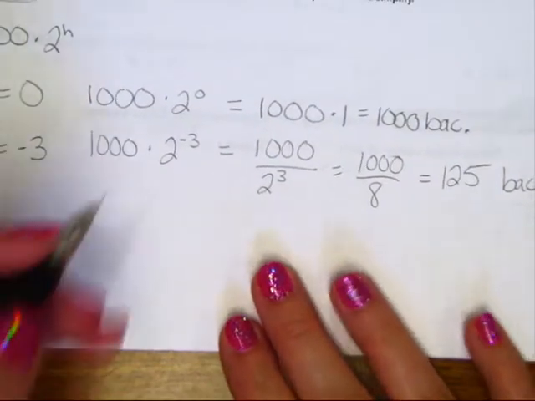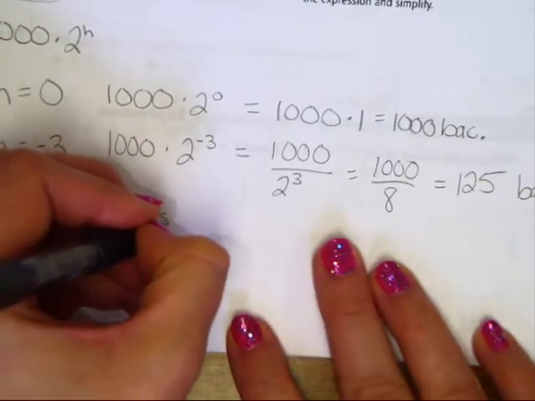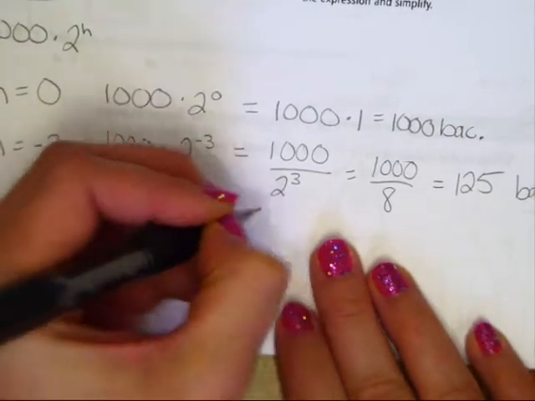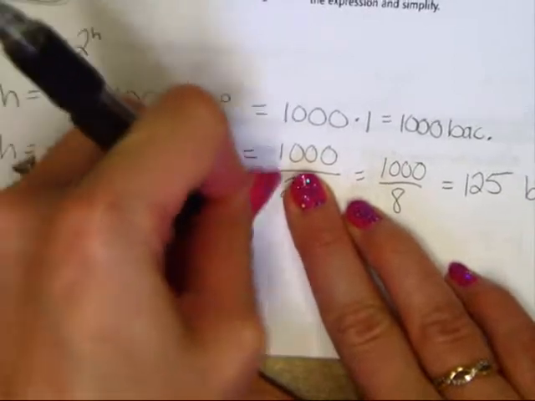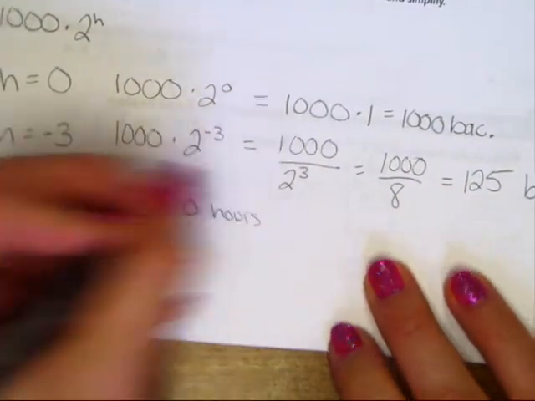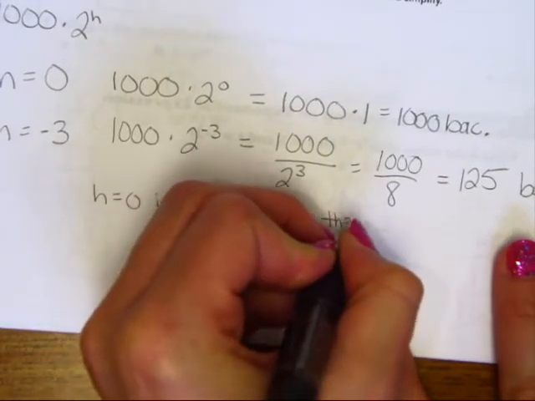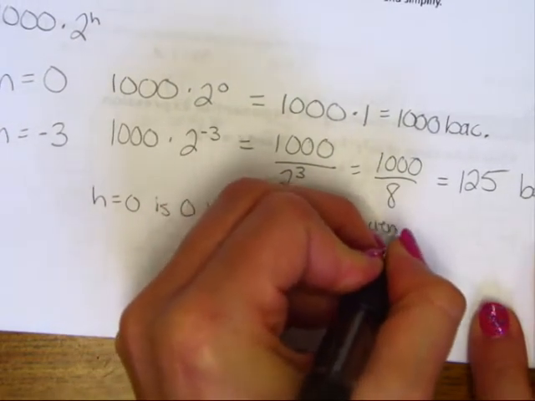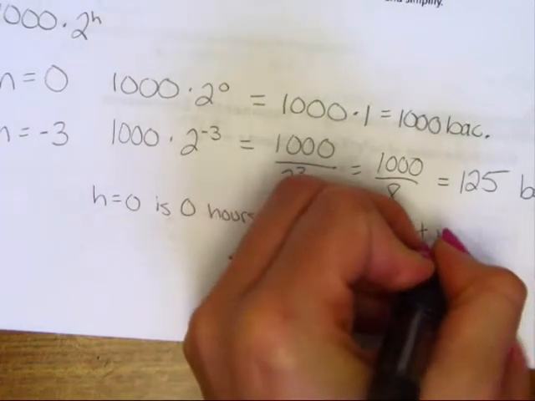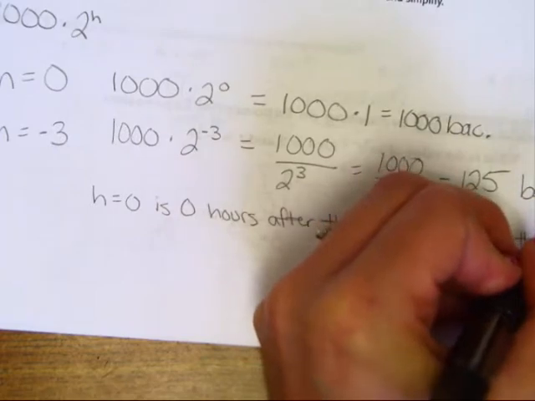All right, try to follow this. h equals 0 is 0 hours after the scientist measured the population.